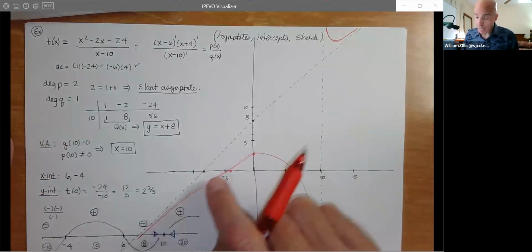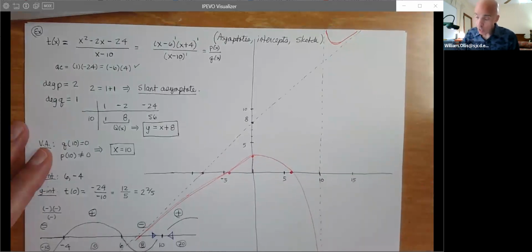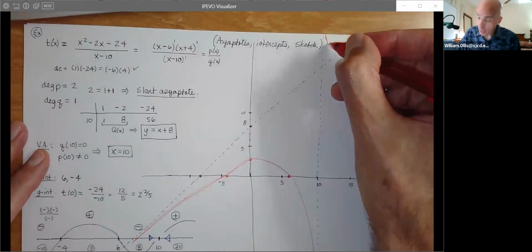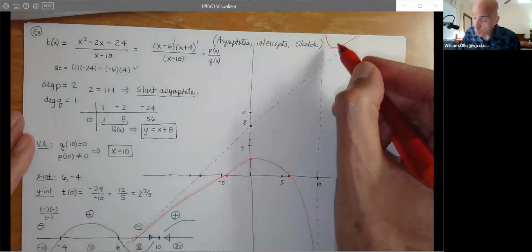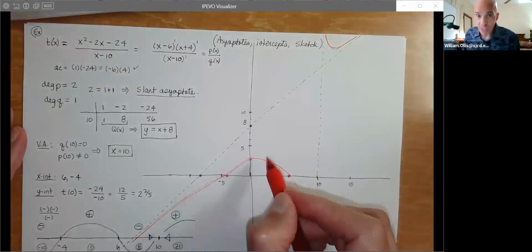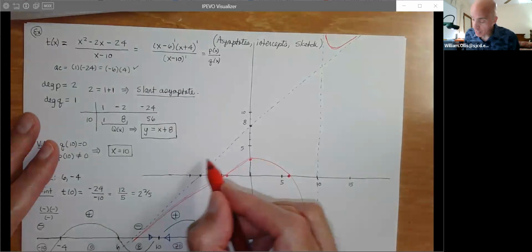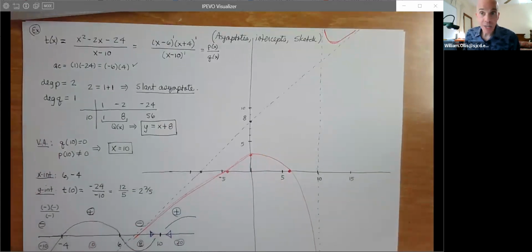It appears that it's increasing here and then eventually decreasing. Here, it appears for some interval, it's decreasing and then increasing. So in order to find this relative minimum or a relative maximum, we would have to find the existence of horizontal tangents. And like I said before, we don't know that with what we're doing here.